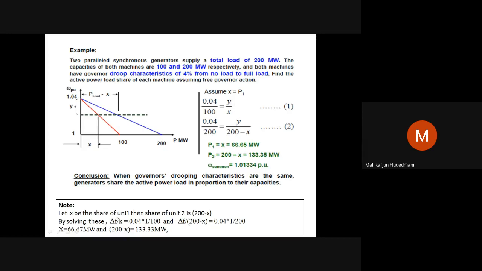This y stands here as delta f for me. So both are the same, the methods are the same. The terminology is y here; in my notation, I refer to delta f. Drop in frequency, change in frequency divided by x, change in frequency divided by 200 minus x, equals droop divided by capacity for each. So when I take this, x I am going to get as 66.65, and the other load I am going to get as 133.35.